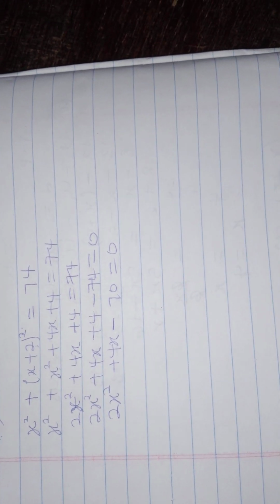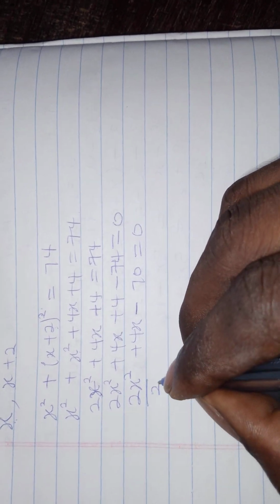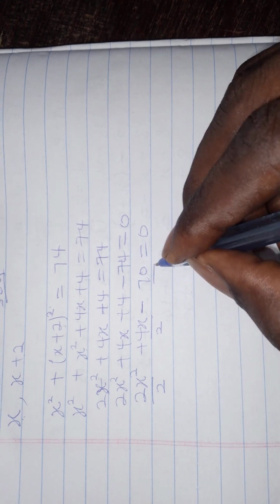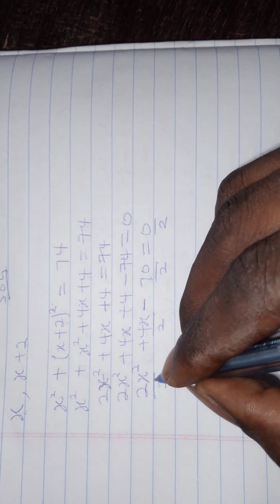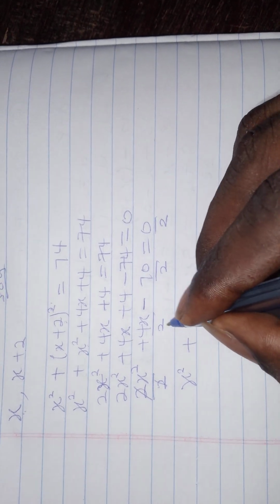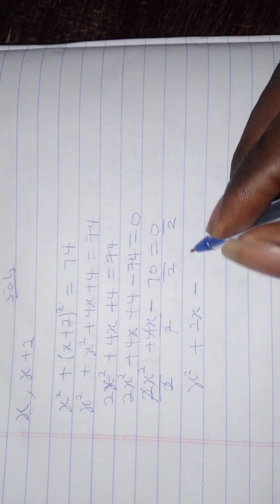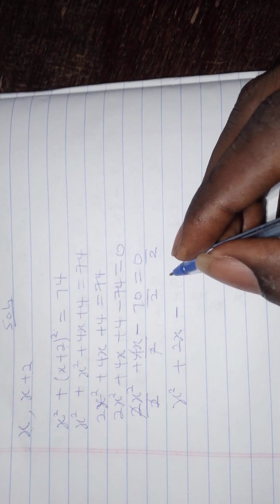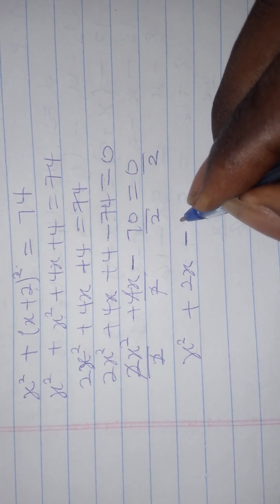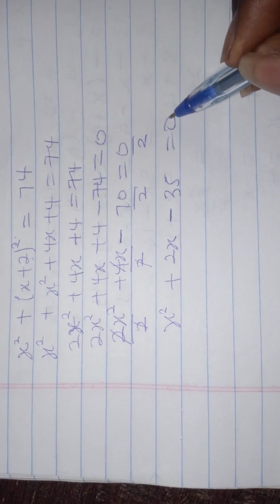I can divide by 2 throughout, since 2 can break it down. Dividing each term by 2, we get x squared plus 2x minus 35 equals 0.